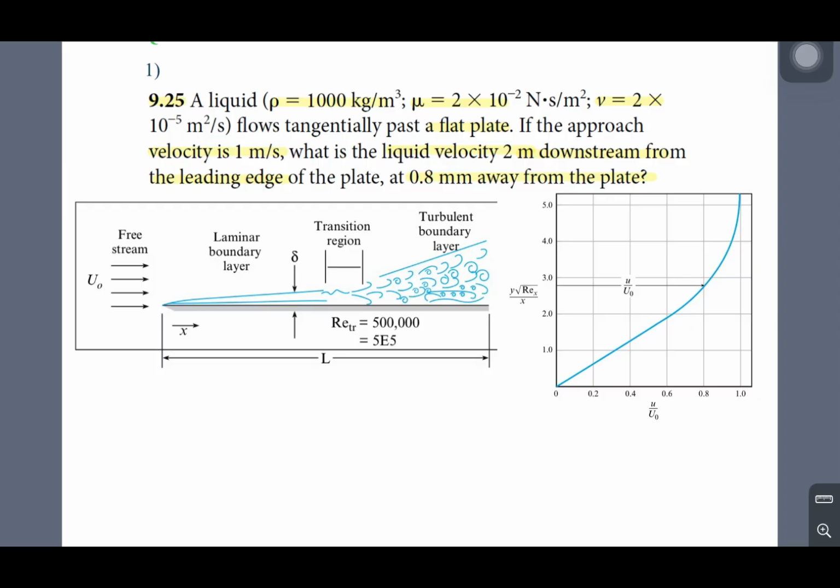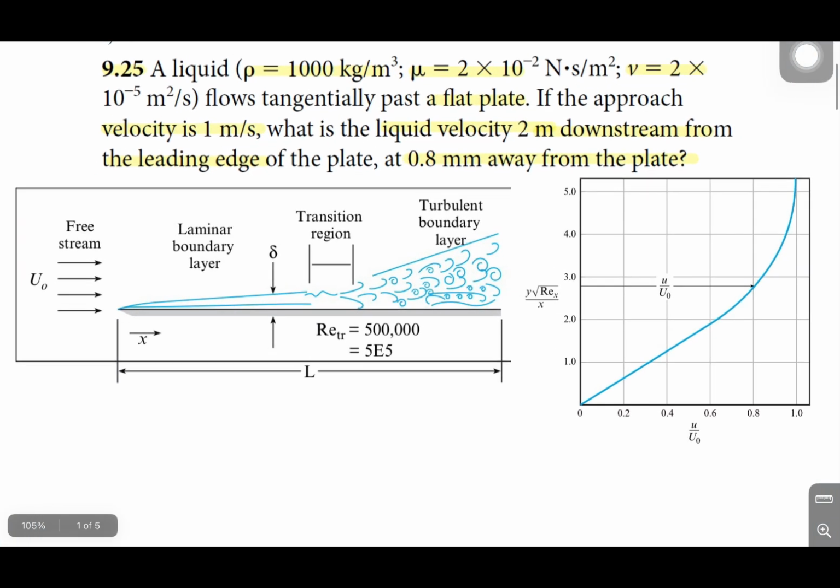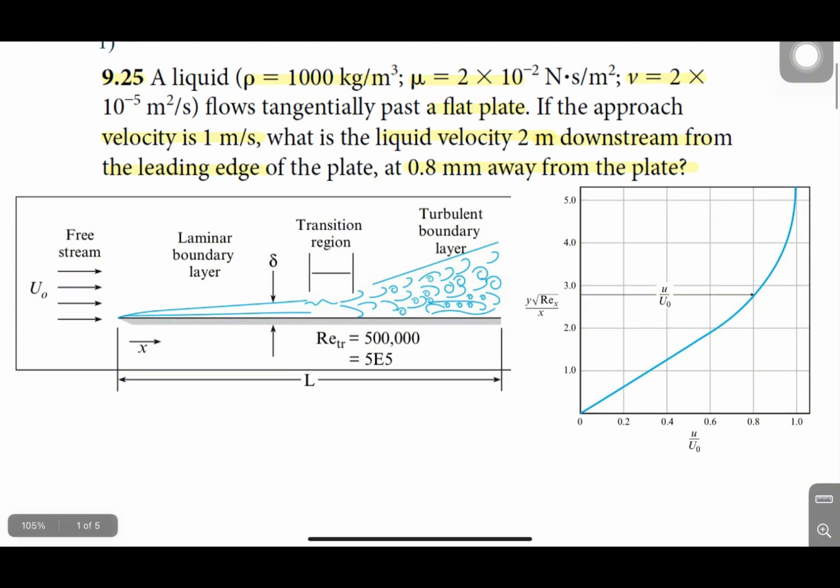First, let me show what these terms mean. Here we have a flow stream with an approach velocity of 1 meter per second. This area is called the leading edge, and we have this flat plate.